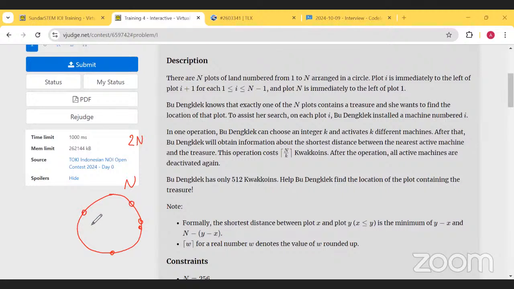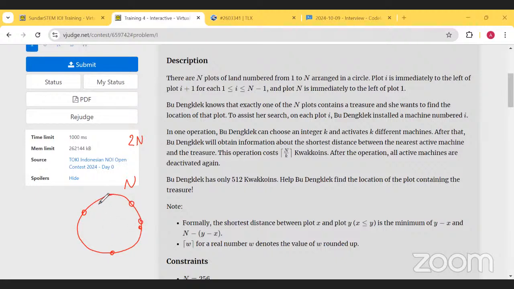And then if we try to query some location here, we will get the response that is the minimum distance between the tracer and the location we query, the location in our query.